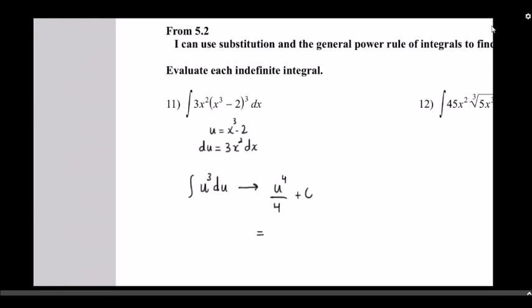Now we go ahead and take out the u substitution and put back in the value of u, which was x to the third minus 2, to the fourth power divided by 4 plus c. This is called an indefinite integral because we aren't worried about what the value of c is like we were in the problems before.